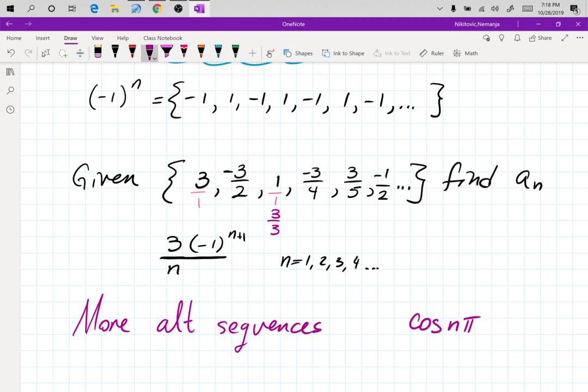Isn't that the alternating sequence? Cosine of 0 is? One. And cosine of pi? Negative 1. And cosine of 2 pi? 1. And 3 pi? Negative 1. 4 pi, 5 pi, 6 pi, 7 pi, 8 pi, 9, right?